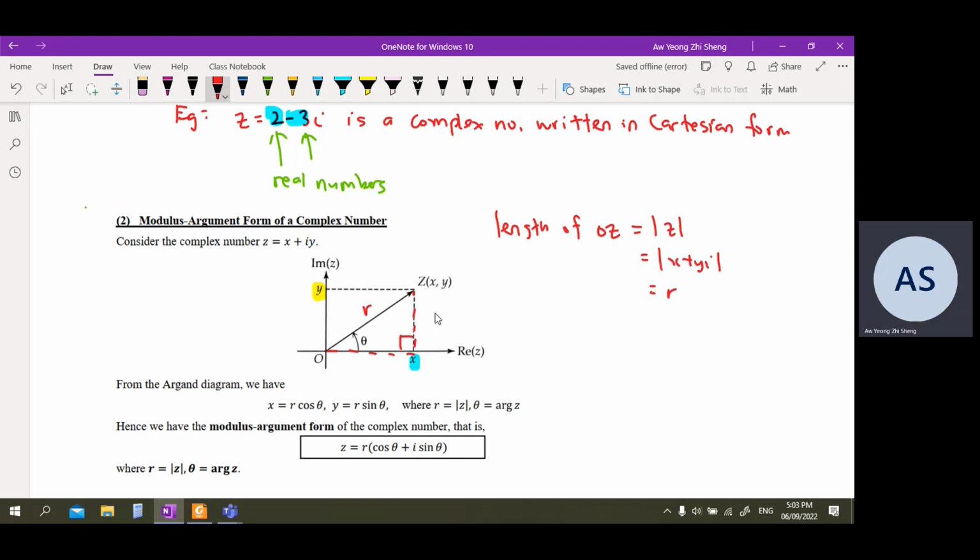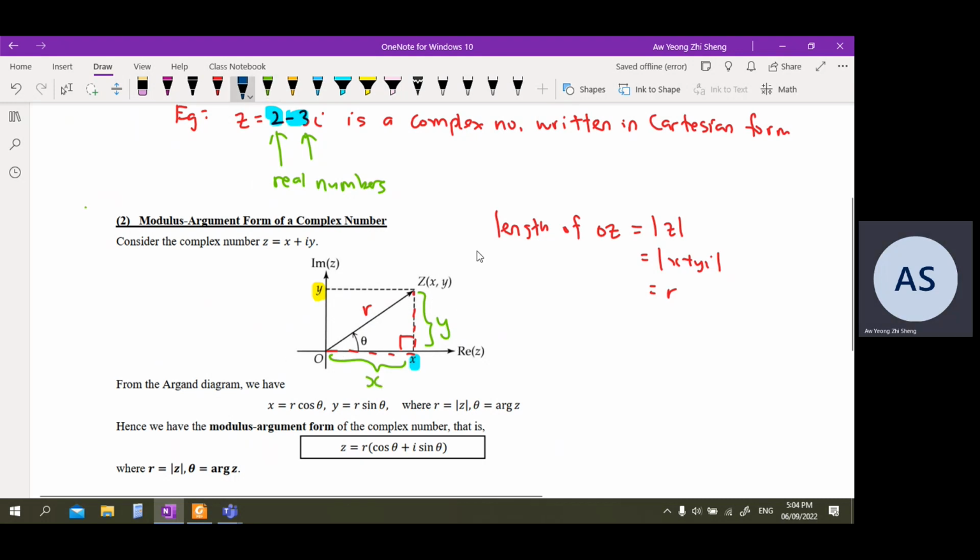Then we can write the vertical side length and the horizontal side length of this right angle triangle in terms of r and theta. By the way, the vertical side length must be y, and the horizontal side length must be x.